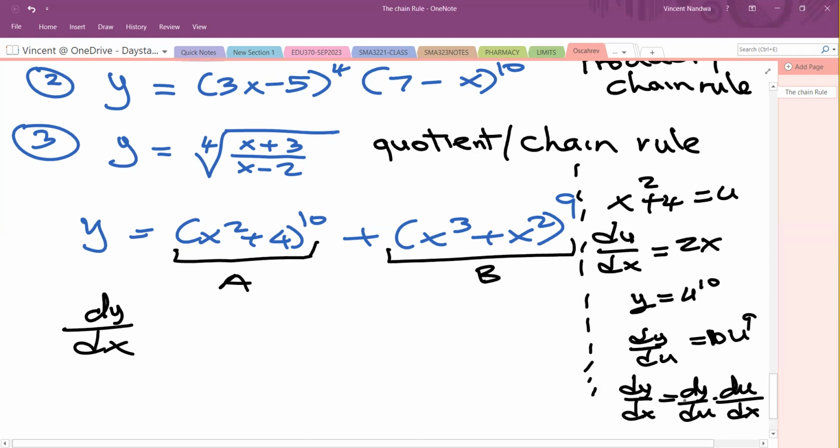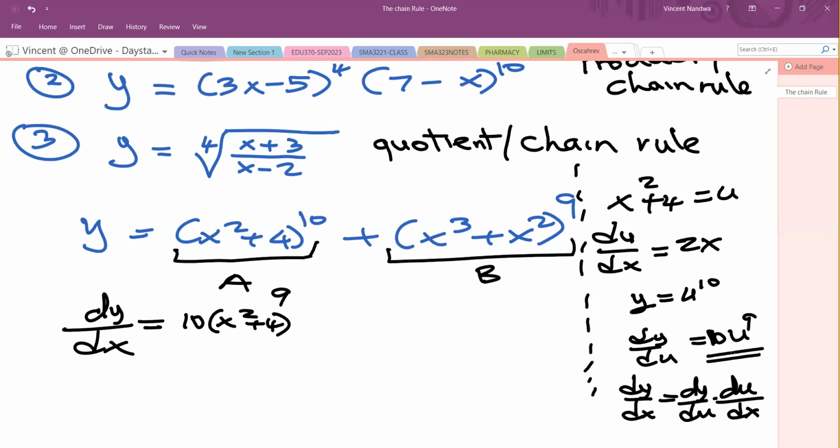So our dy du is 10 u power 9, okay? So we write here 10. Then remember u is the same as x squared plus 4, and you raise to power 9 because there we have dy du, this part, okay? Then you multiply by our du dx, which we have gotten to be 2x, okay? So that is the first part.